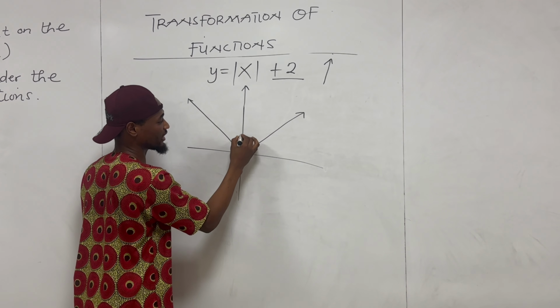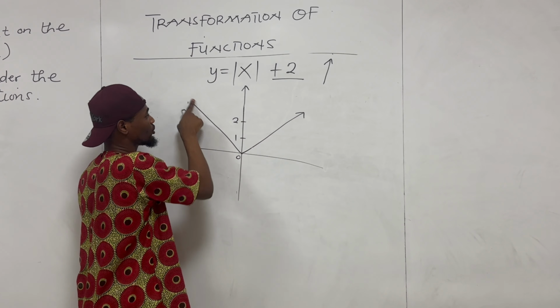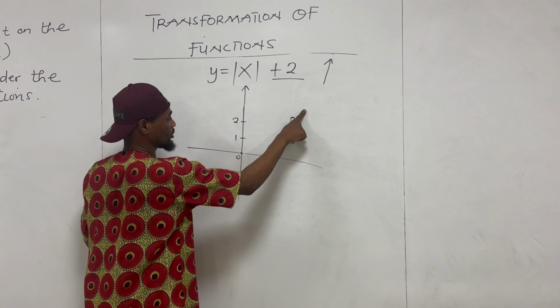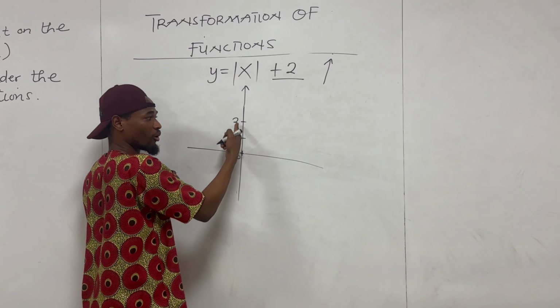If this is 0, this is 1, this is 2, we shift this to 2, by a unit of 2.